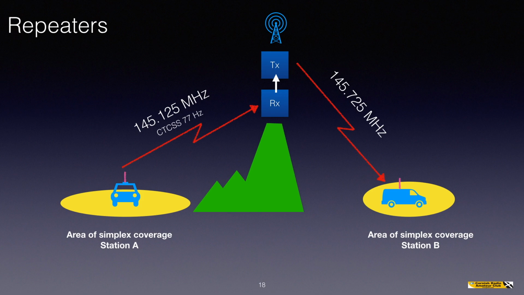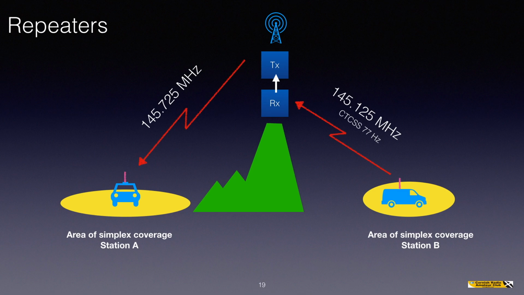Once that conversation from A to B is complete, A will say over, and the situation will reverse. After a peep from the automatic circuitry in the receiver, B will then start his side of the conversation, and he will be transmitting on 145.125 and sending a 77 Hz CTCSS, and A will be listening on 145.725.